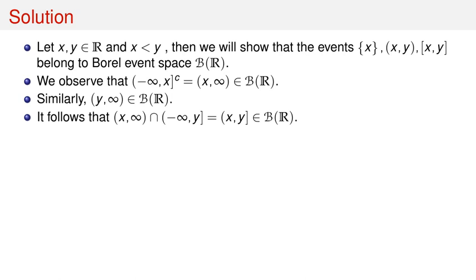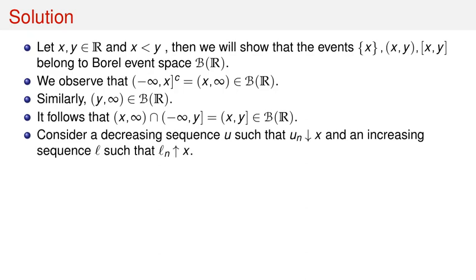It then follows that the intersection of the open interval (x, infinity) and the interval from minus infinity to y closed, which is the interval (x, y], is in B(R) since sigma algebras are closed under countable and thus finite intersections.